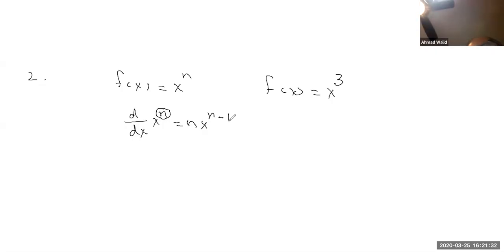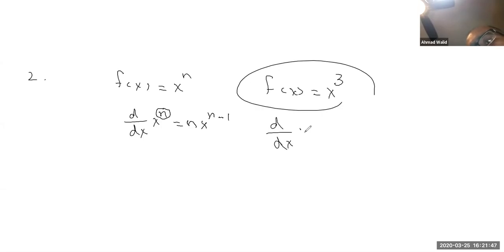That's the rule. n times x to the power of n minus 1. It gives you the first derivative of x to the n. For example, in this numeric example, d over dx of x to the power of 3 equals, I'll bring 3 as a coefficient, then x, and I'll subtract 1 from the exponent, which gives me 3x to the power of what? 2.